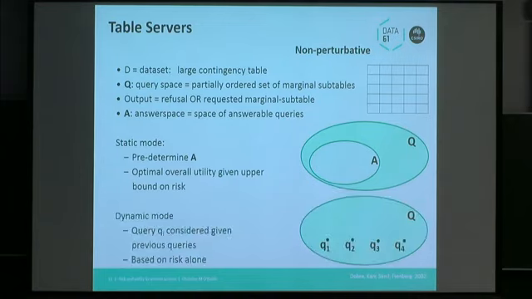Or you can do it in a dynamic mode where each query is investigated individually, given the previous queries, and that would be based on risk alone. Because of course you're giving out the real data. So the interesting thing here is that we've got a few examples of static mode servers, but the dynamic mode hasn't been, well, I couldn't find anyone that had really investigated that deeply.